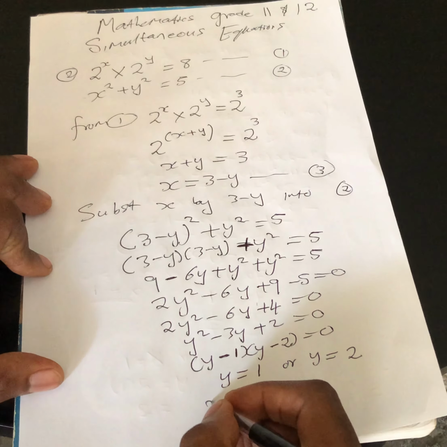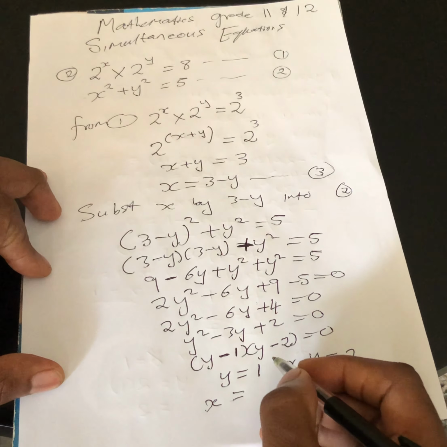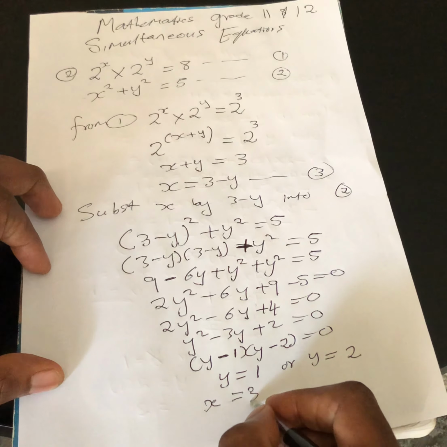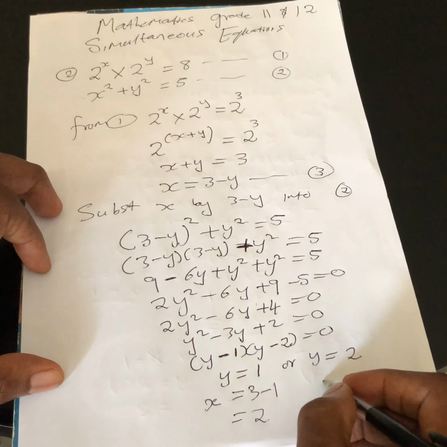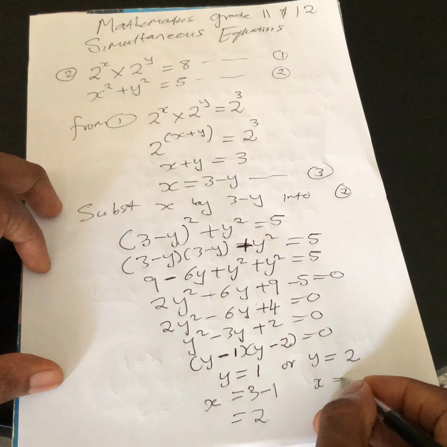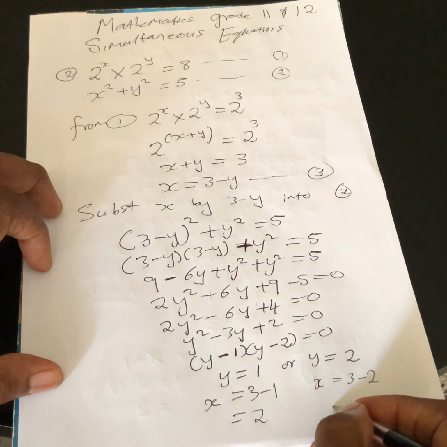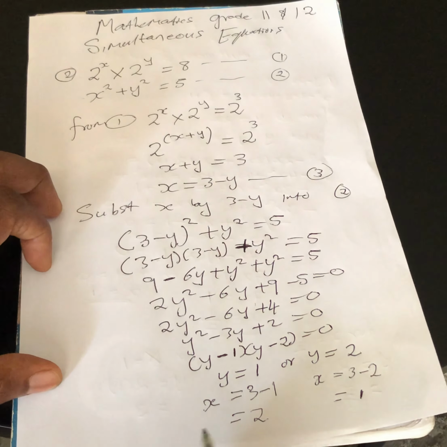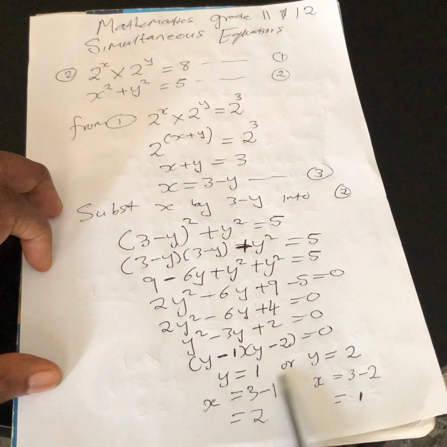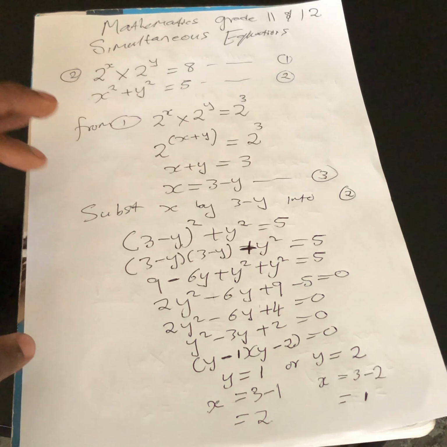So x is equal to 3 minus 1, which is equal to 2, or x is equal to 3 minus 2, which is equal to 1. So these are the values of x, these are the values of y. We are done with simultaneous equations.